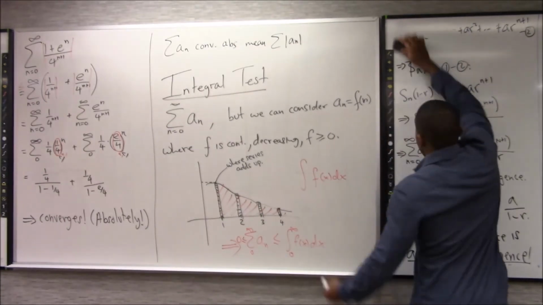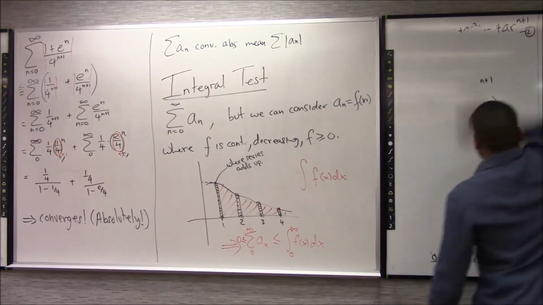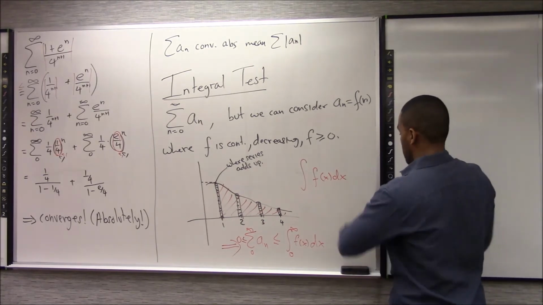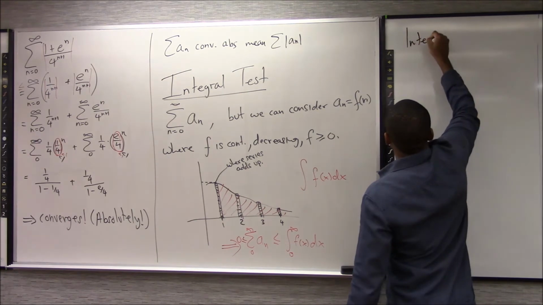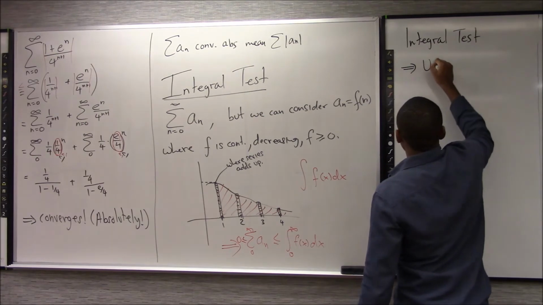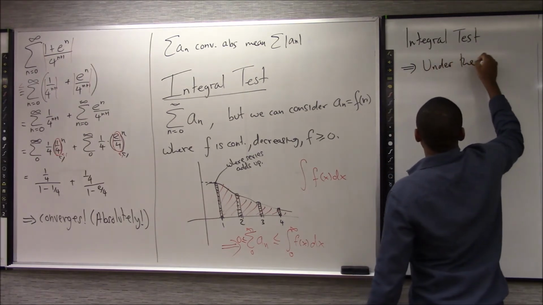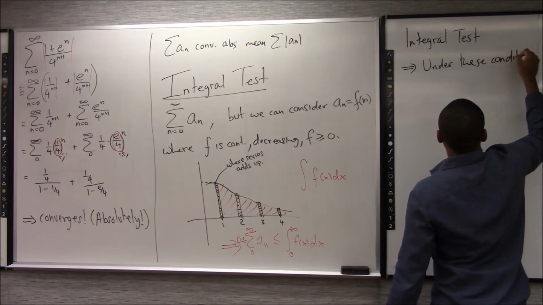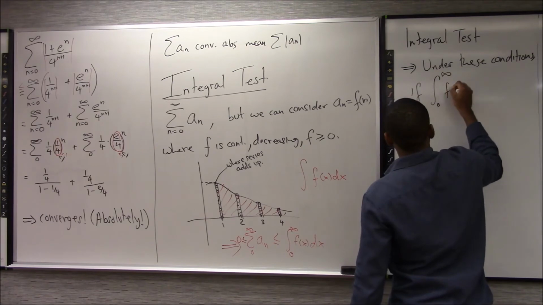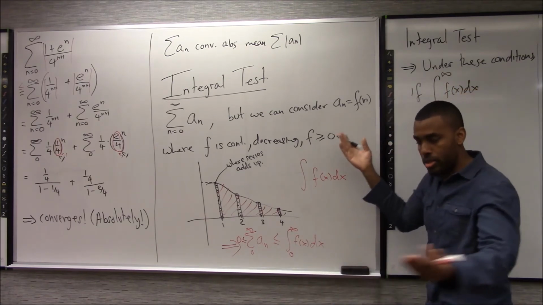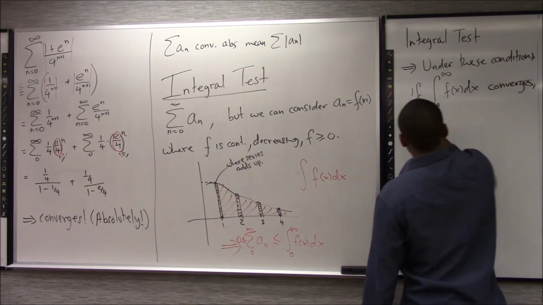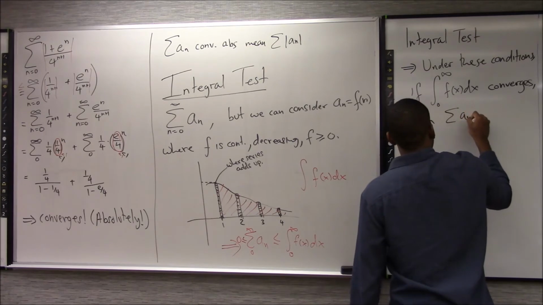So the integral test says, under these conditions, if the integral converges, and this is an improper integral now, so you're going to have to use the theory for improper integrals, then the series will converge.